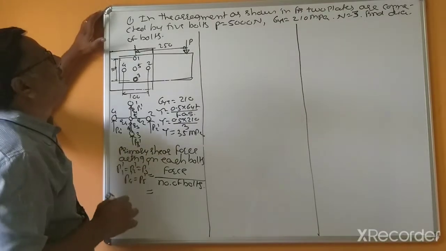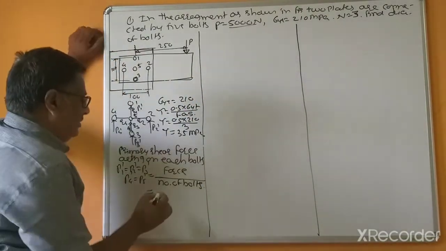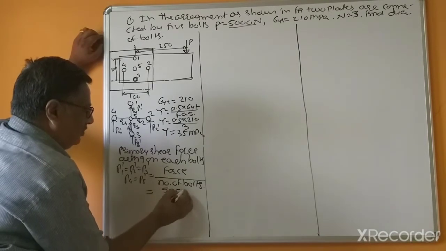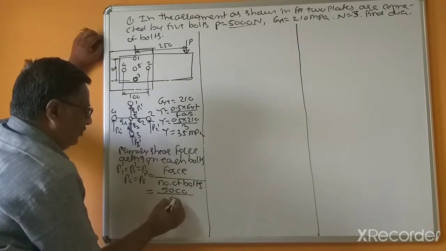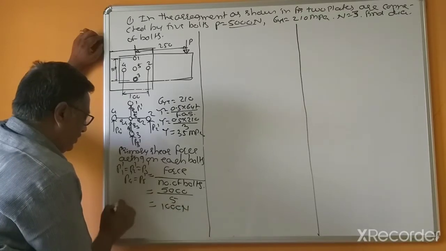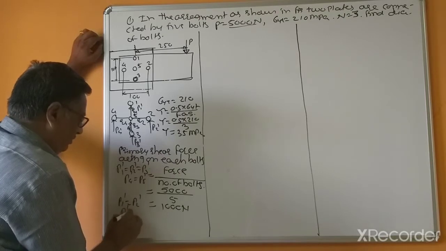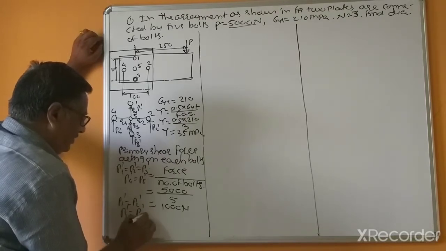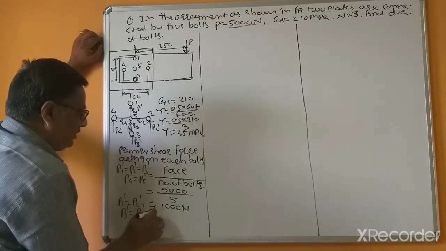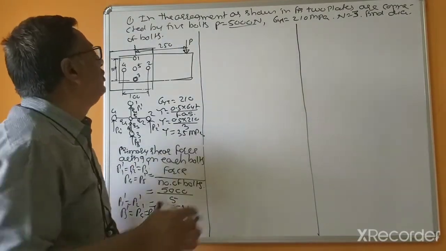Force is 5000 Newton, 5000 divided by 5, so that's why this is 1000 Newton for P1 dash, P2 dash, P3 dash, P4 dash and P5 dash. This is clear?